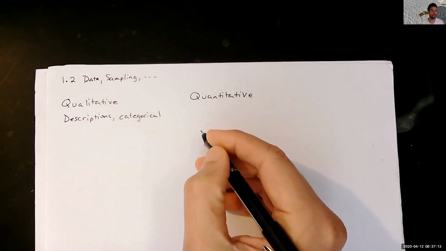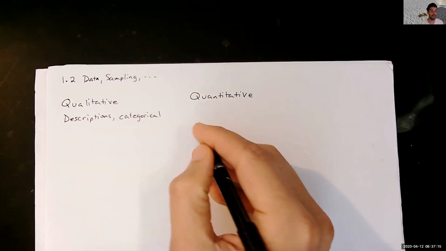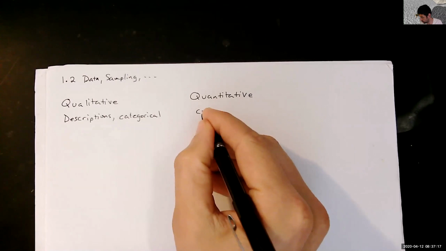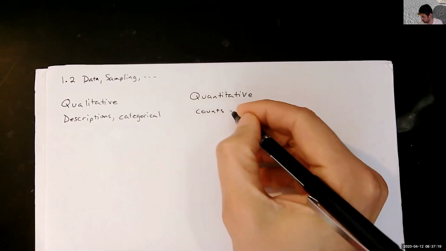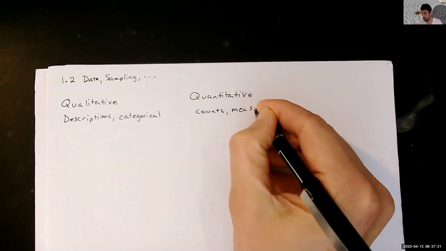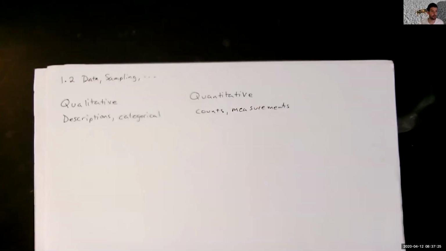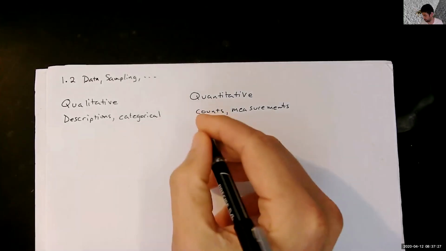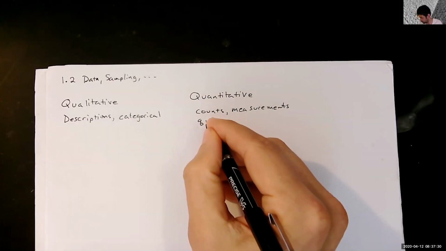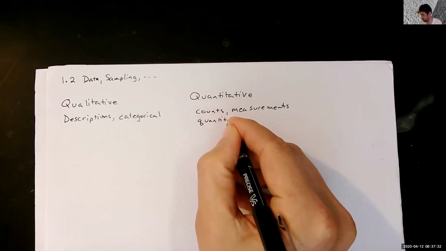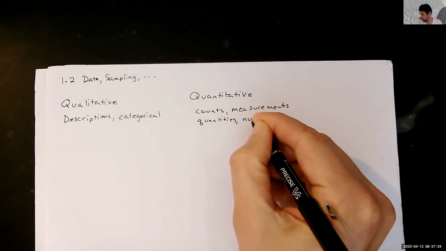And then quantitative data are counts or measurements, right? We might say these are going to be quantities or numerical data.